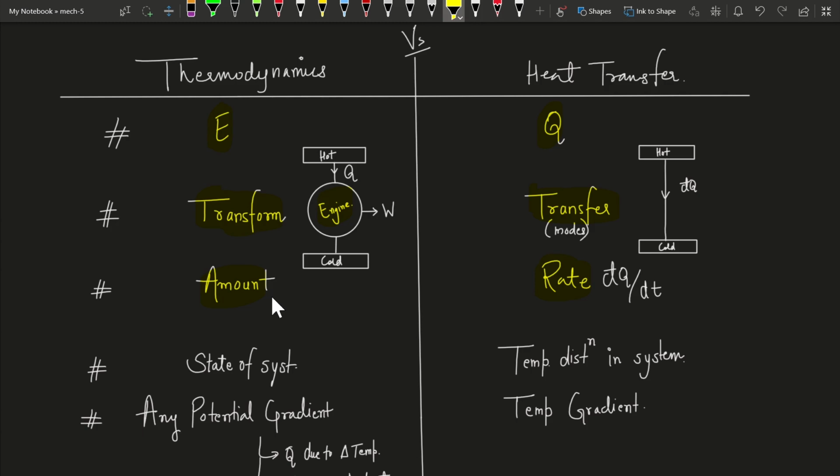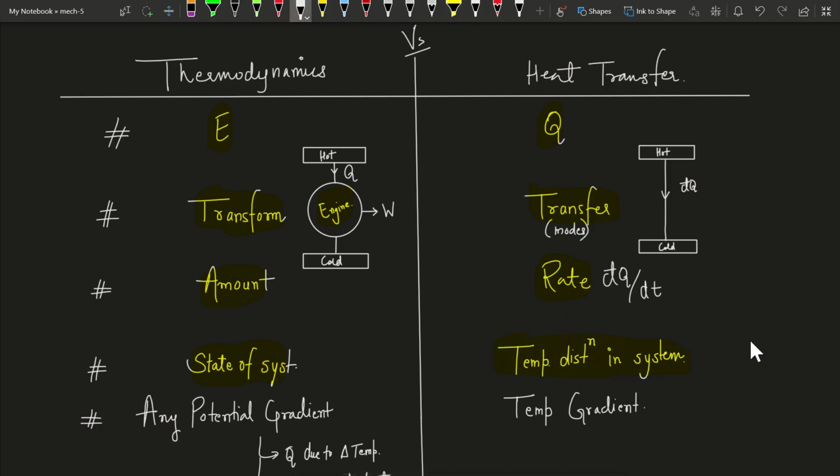So these properties change, and when they change, I have to define my system at equilibrium. So when this energy conversion happens, I study my system at a particular state, that means at equilibrium. So in thermodynamics, the next difference is that I study the state of the system. But in heat transfer, I study the temperature distribution inside the system, right?